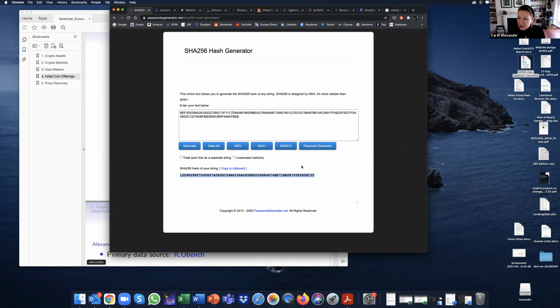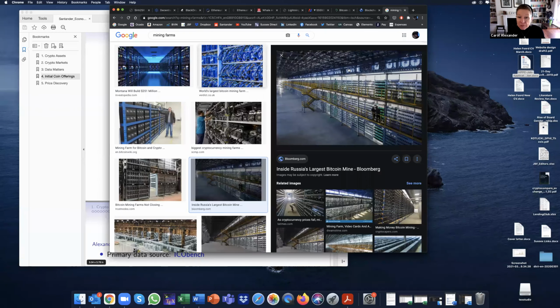So you can't change anything without changing one hex in the tree, and then everything changes, so the entire block changes. That's why the blockchain is immutable. It's secure, and it's secured by the network competing against each other. Even though there are these large mining farms, and these farms then combine together to form mining pools.